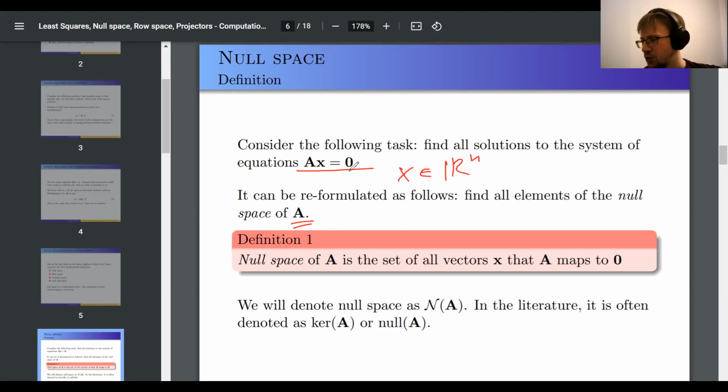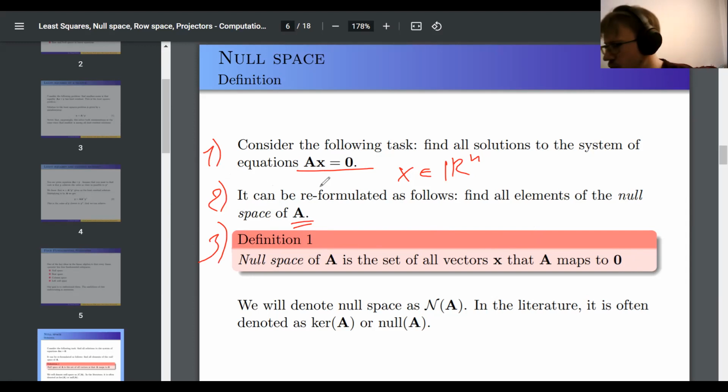This system of algebraic equations, its space of solutions, is actually the null space of A. Or yet another one: that is the first formulation, that is the second formulation, and that is the third formulation. Null space of A is the set of all vectors x that A maps to 0. So when multiplied by A, they become 0.